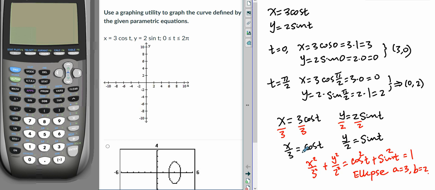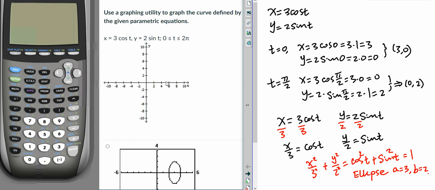Square both sides, you have x squared over 3 squared is cosine squared t. Similarly, y squared over 2 squared is sine squared t. And we know sine squared t plus cosine squared t is 1 by the Pythagorean identity. So you have x squared over 3 squared plus y squared over 2 squared is 1. That's an ellipse with a value 3 and b value 2.